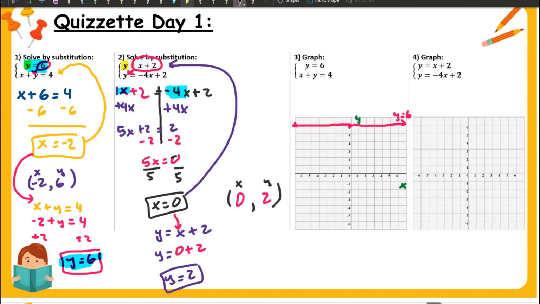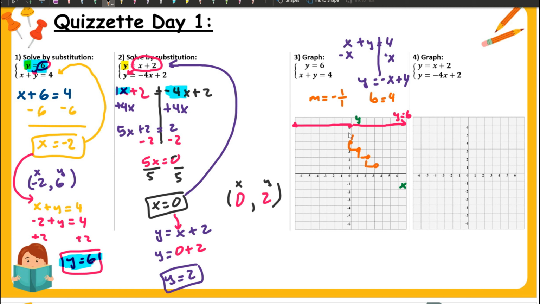For the second equation, you need to solve for y. X plus y equal to 4. We need to know the slope, so subtract x from both sides. Y equal to -x plus 4. That tells you the slope is -1 over 1 and your y-intercept is 4. So start at 4, then down 1 over 1, down 1 over 1, down 1 over 1.